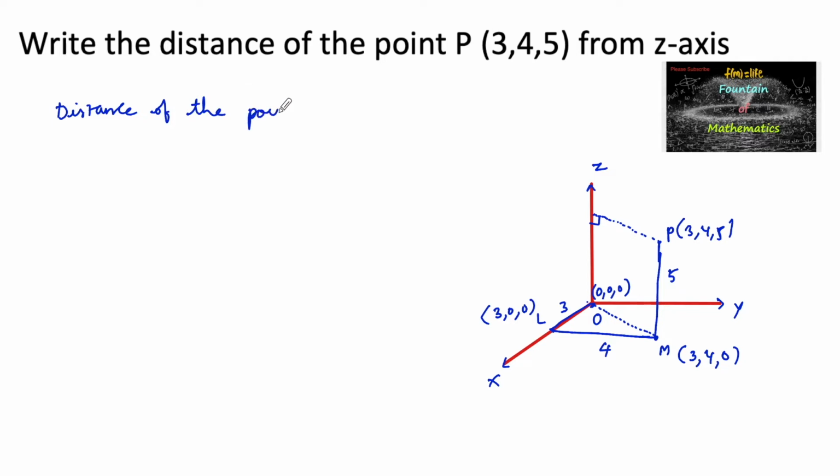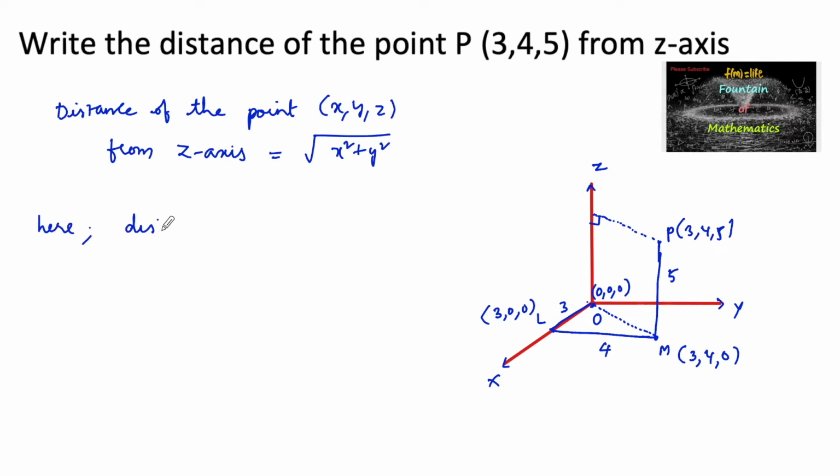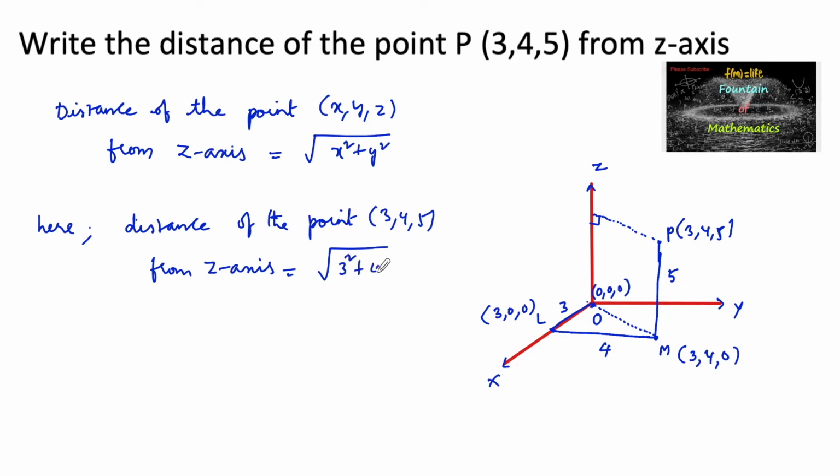So basically we can say that distance of the point (x, y, z) from z-axis is equal to root over x square plus y square. So here required distance, so distance of the point (3, 4, 5) from z-axis is equal to root over 3 square plus 4 square.